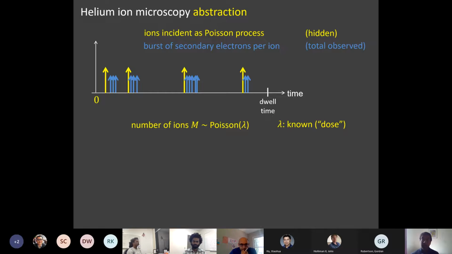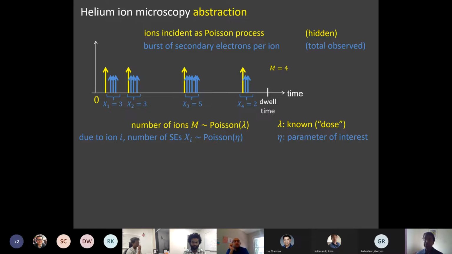I'm going to call lambda the dose, and for now, I'm going to assume that it's known. And we model the number of secondary electrons per incident ion as also having a Poisson distribution, with each burst having a Poisson parameter eta. That eta is the propensity to emit secondary electrons. That's what we want to learn about the sample, that value eta at each pixel.